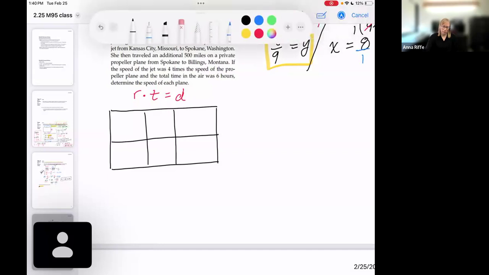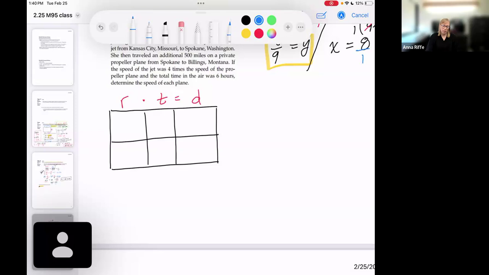I'll go ahead and write this out. We're given information about 2 different trips, so I'll have 2 rows. One of my columns will be for rate, another for time, the other for distance.